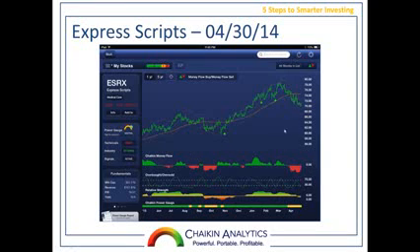And it sure looks like the institutions knew or suspected that the earnings on Express Scripts were going to be negative, because look at all that negative money flow that was coming out of it. Now, there were stories about pharmacy benefit management and how profit margins were getting hurt, but basically Express Scripts reported a miserable quarter, and this is just no longer a stock to be in your portfolio.